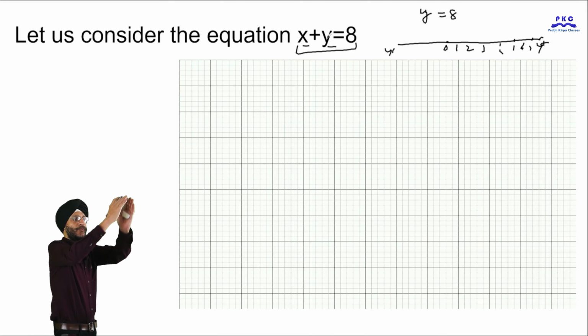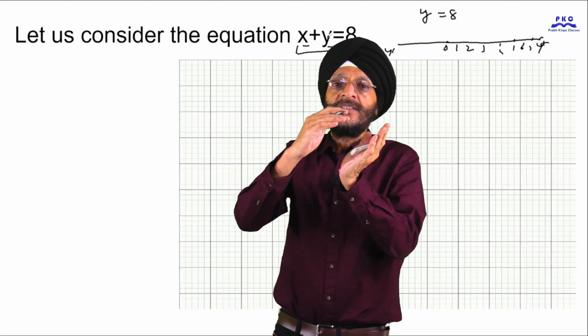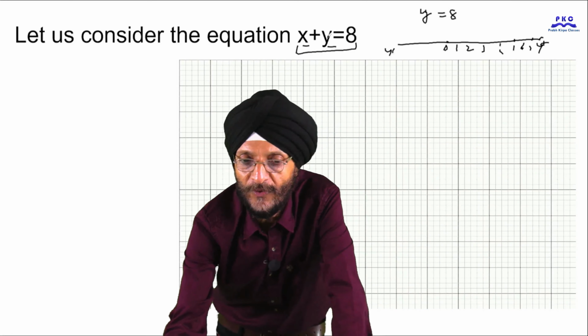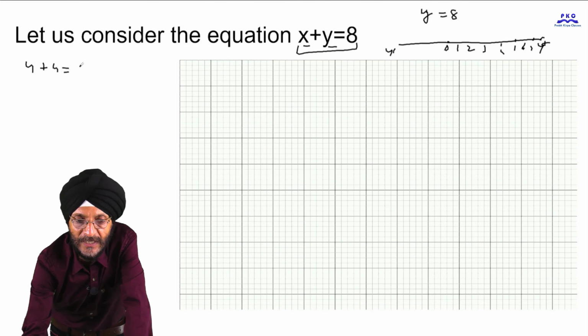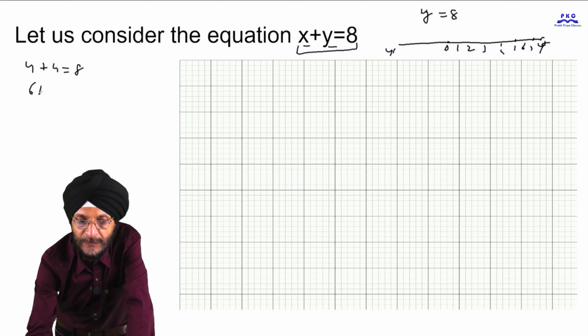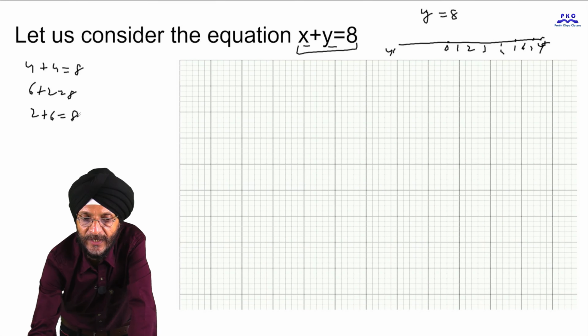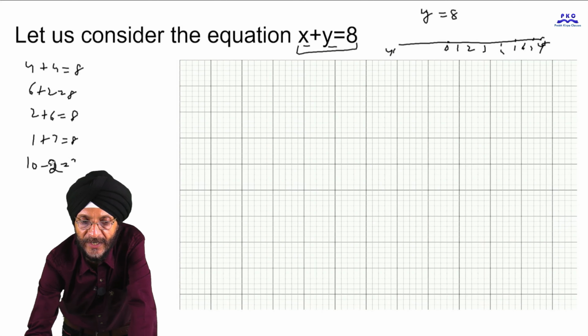When we are to draw the geometrical representation of the equation, we have to find two solutions. In this case, we can consider 4 plus 4 is equal to 8, 6 plus 2 is equal to 8, or 2 plus 6 is equal to 8, or 1 plus 7 is equal to 8, or 10 minus 2 is equal to 8.